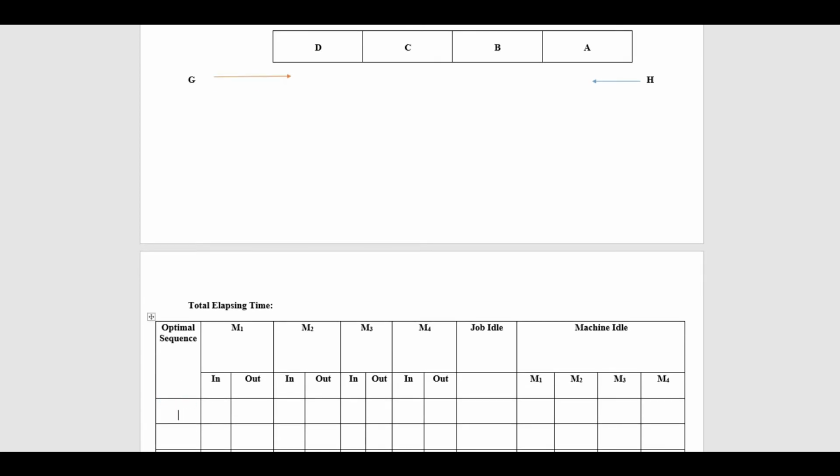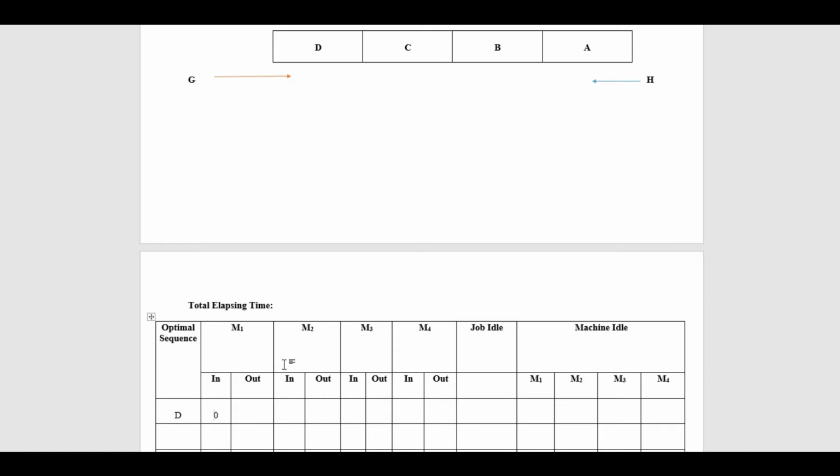As per the optimal sequence, the first job will be D. We are going to start machine 1 at 0th time, so the in time of job D will be 0. Always the in time of the first operation will be 0.